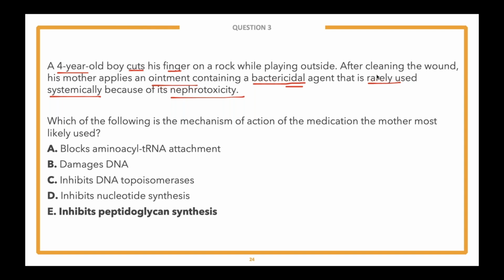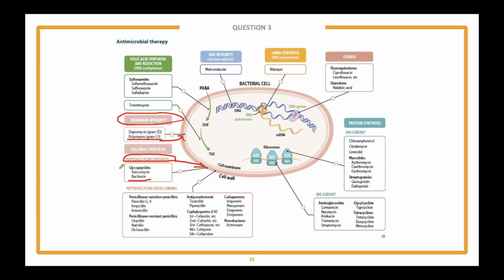So with this one, what we needed to figure out was what the medication was, what this topical antibiotic would be that we don't use systemically because it's too toxic to the kidneys, and that's bacitracin in this case. Then we needed to take a step back and figure out what the actual mechanism of action of bacitracin is, and that is to inhibit peptidoglycan synthesis.